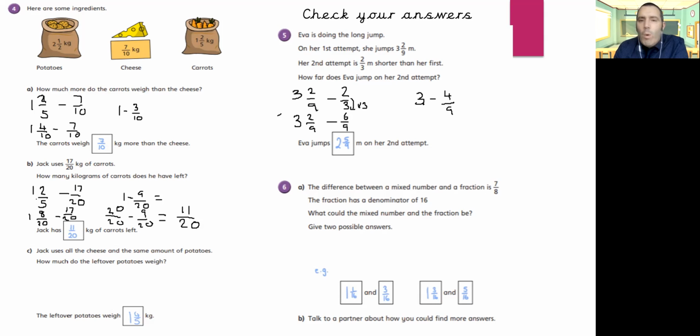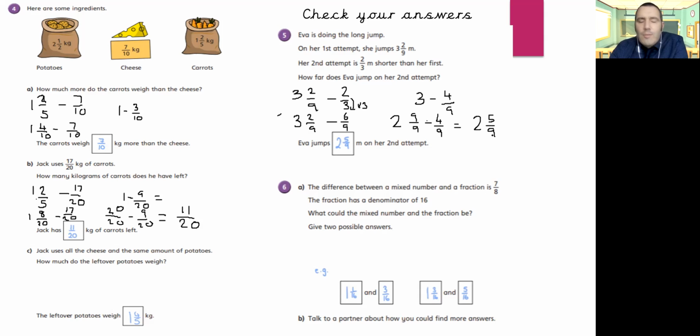So I'm going to take 1 whole out of this. So I've now got 2 and 9/9. This is not necessarily the best way of writing this, but it works. Take away 4/9 will give me 2 and 5/9.